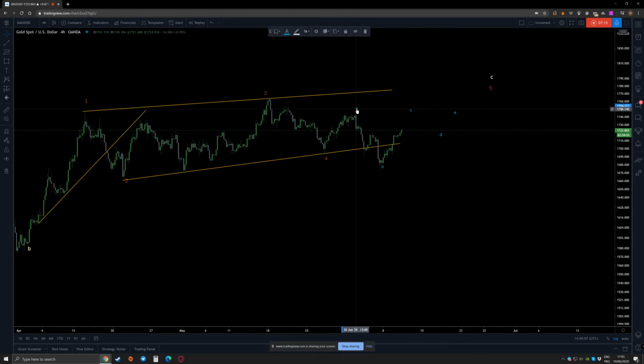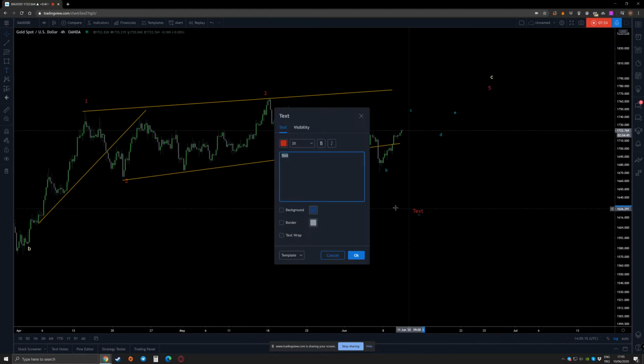Now, after this wave A and B, as of now, I don't know what kind of correction this fifth wave can do. So just so you guys can understand, the fifth wave can do a flat for us. It can do a zigzag for us. It can do a triangle for us, a simple correction.